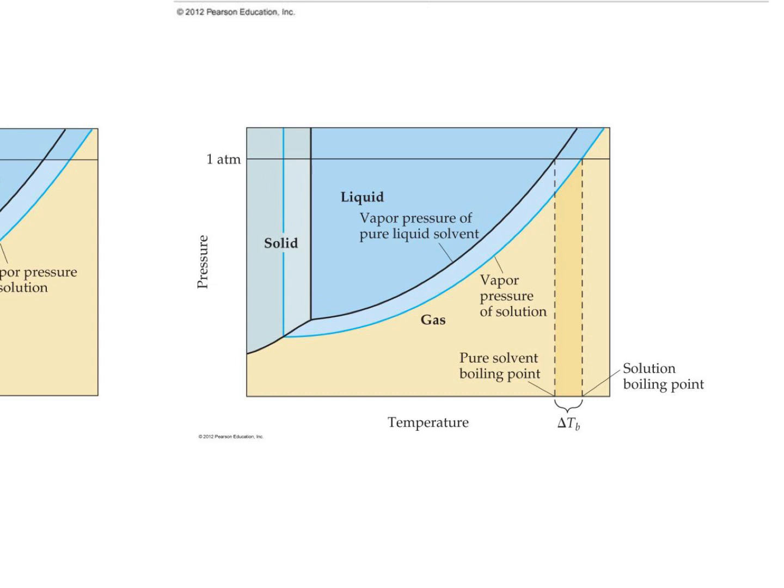If we add solute, that line is represented by this light blue line. Again, there are fewer solvent molecules able to get to the gas phase. And that boiling point then is elevated, okay? So we're looking at a difference in the temperature here for the solvent and here for the solution, okay?